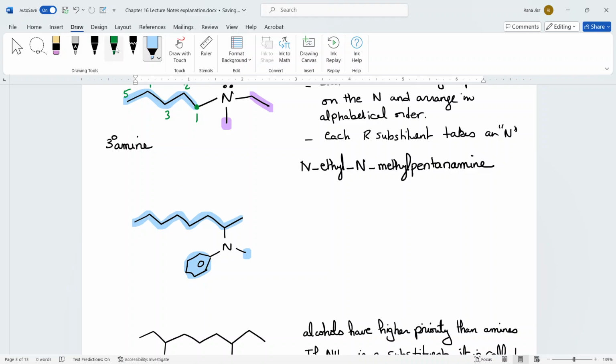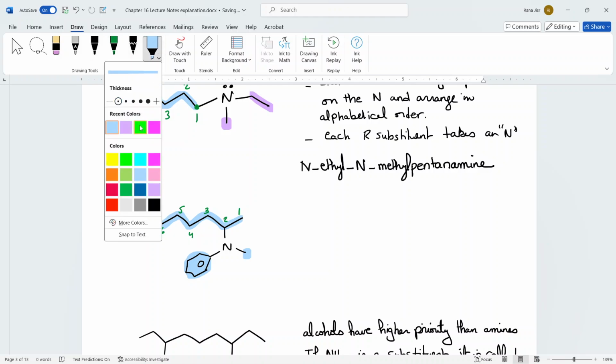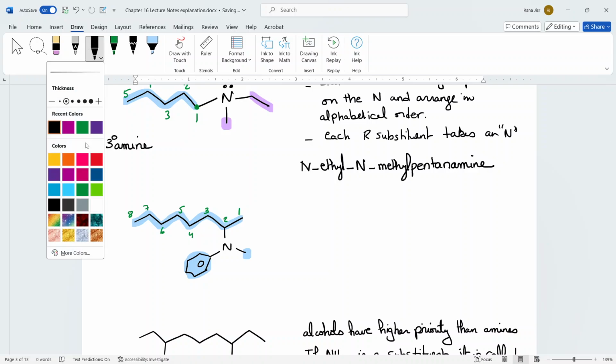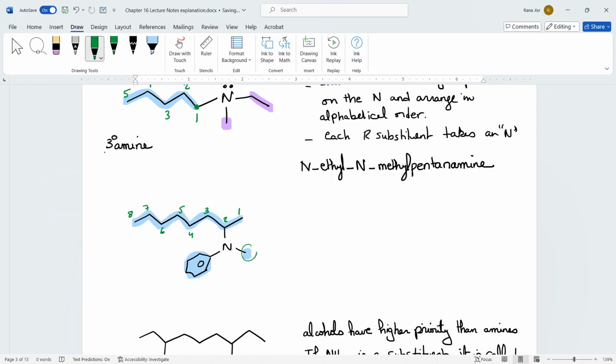So that is going to be an octane. I am going to start numbering to give the carbon on the nitrogen the lowest possible number: 4, 5, 6, this is 7, and this is 8. And then I'm going to name, giving each of these R substituents. Let's use a different color. So I have a CH3, which is a methyl in here, and then I have a phenyl in there.